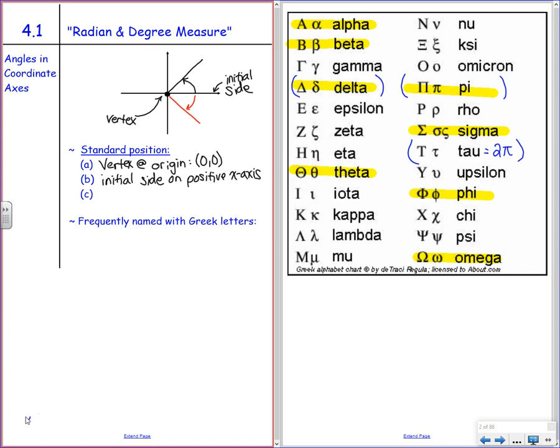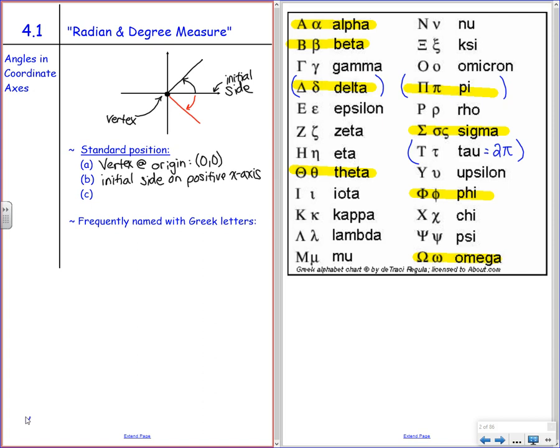There's one more key characteristic of standard position, but first, if that's the initial side, what do you think the other side might be called, where it ends? Any ideas? Maybe final. In physics, there's an initial position, final position, initial velocity, final velocity. It's actually not called final, but it's the same idea. It's the ending side, the stopping side.